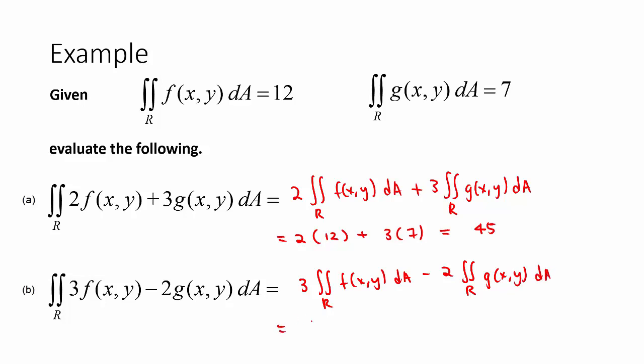And now you are able to substitute the numbers in. And then that gives you the answer of 36 minus 14. That will be 22. And there you have it. That's the explanation for this example.